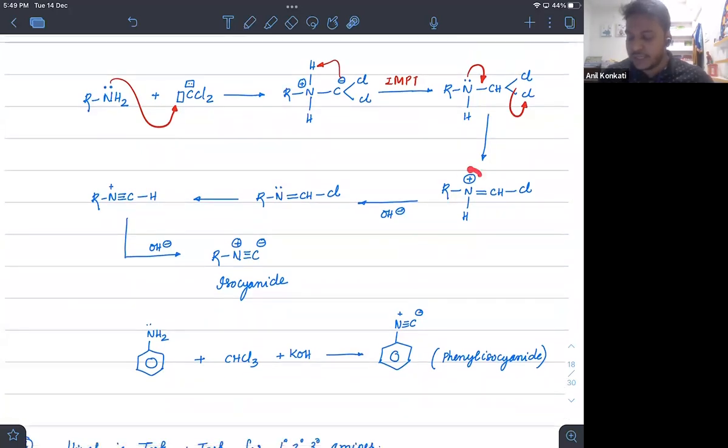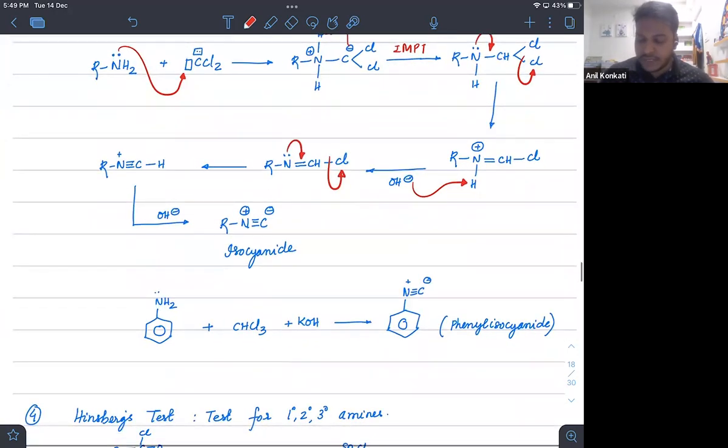So the nitrogen lone pair will push to remove chlorine. Again, nitrogen is getting a positive charge on it. And since it is in a basic medium, OH minus will take away this H plus and you'll get N double bond CHCl. Again, the lone pair present on nitrogen will support as a triple bond to remove chlorine. So we will have RN triple bond CH.